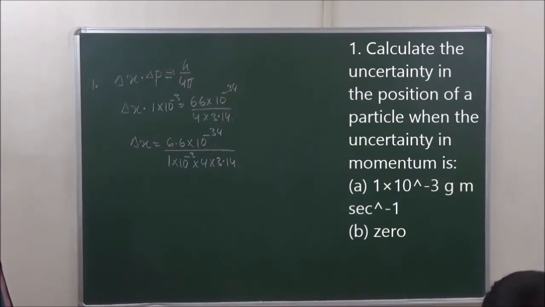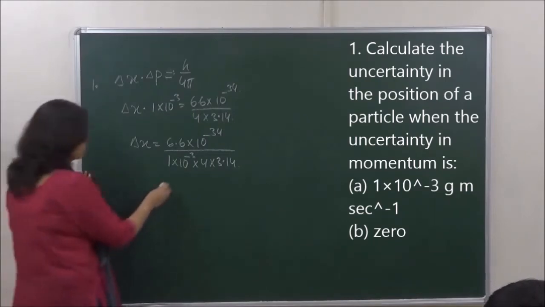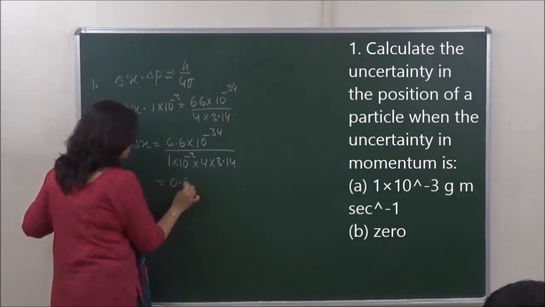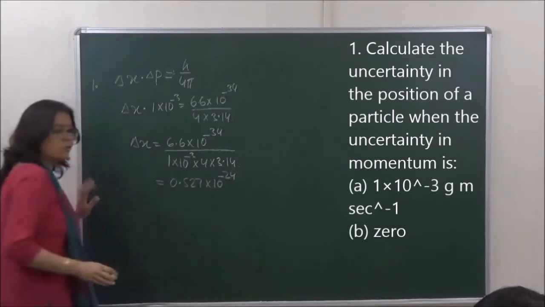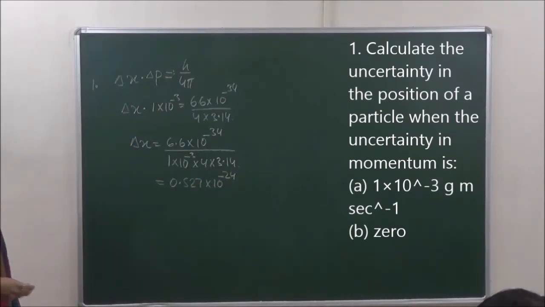Right? So when this is calculated, it comes to 0.527 into 10 raised to power minus 24 centimeter.